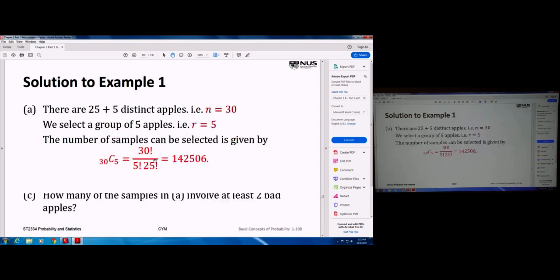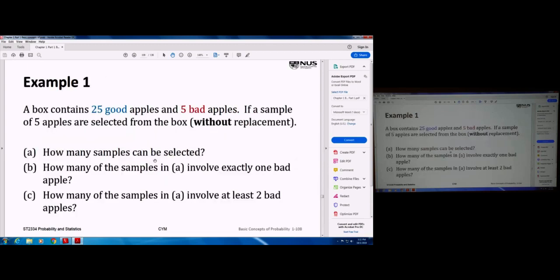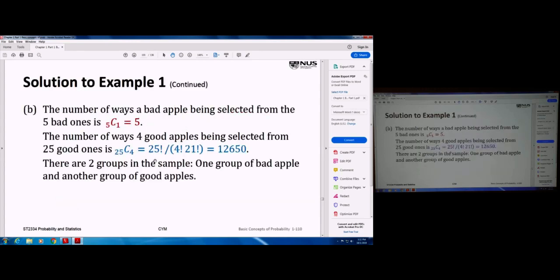Now part B says, how many samples in A involve exactly 1 bad apple. Okay, this one's a little bit more challenging. The number of ways a bad apple can be selected from one of the 5 bad ones is 5 choose 1. The number of ways of choosing 4 good apples from the 25 good ones is 25 choose 4.